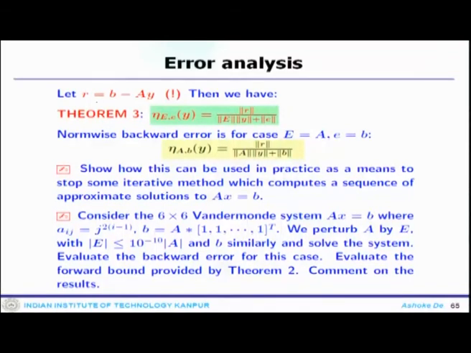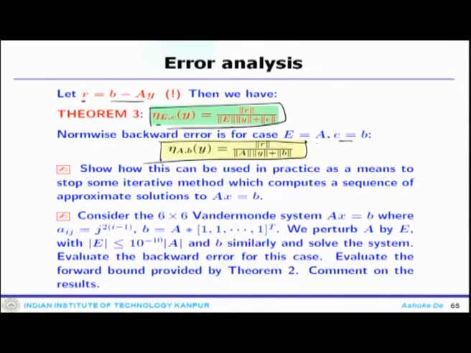Let us see. You define R equals B minus A y, then we have eta of E, e at y equals the norm of R divided by (norm of E times norm of y plus norm of e). So, the normwise backward error for the case E equals A and small e equals B shows this expression.